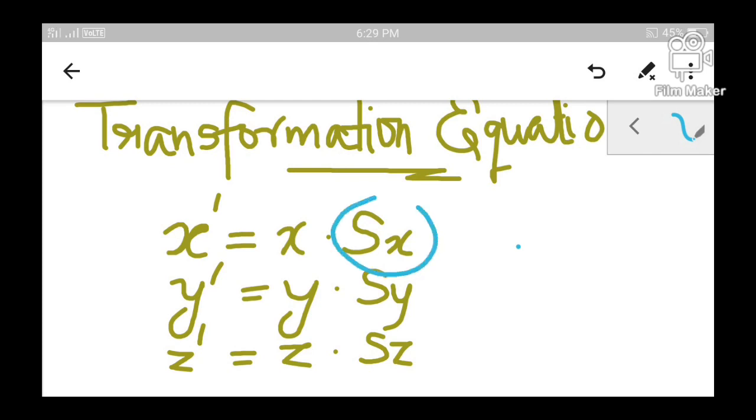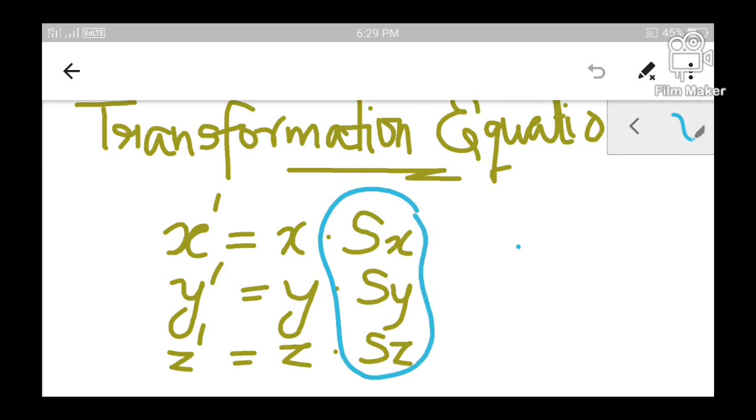That is, here sx is multiplied to x. Similarly, sy is multiplied to y and sz is multiplied to z. This sx, sy and sz are called scaling parameters or scaling vectors.